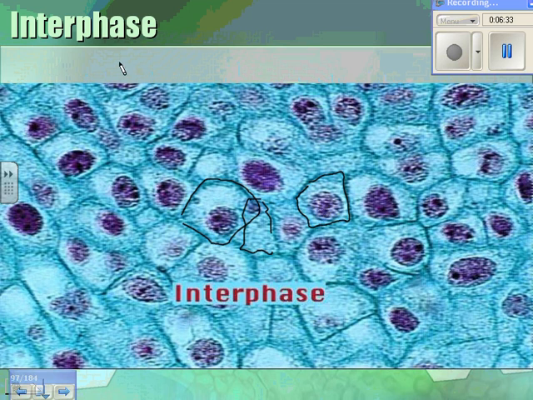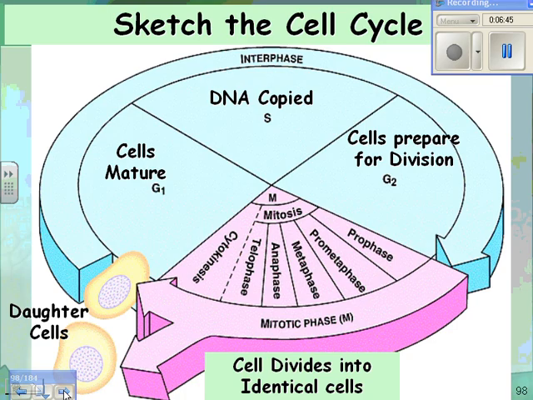So the idea to remember with interphase is that the DNA is not condensed. It's spread out. The whole blue thing is interphase, which consists of G1, S, and G2. And the key here is that before you separate out your DNA, you've got to replicate it.